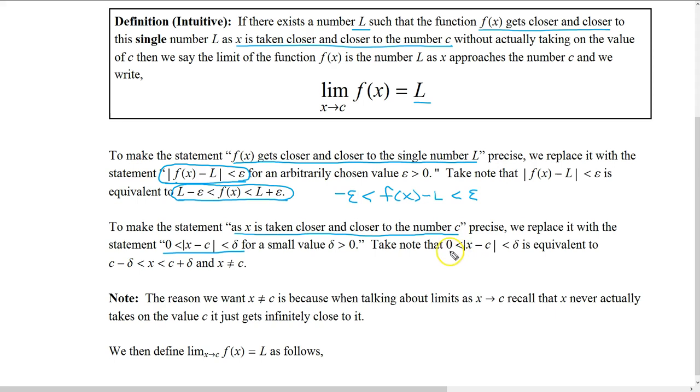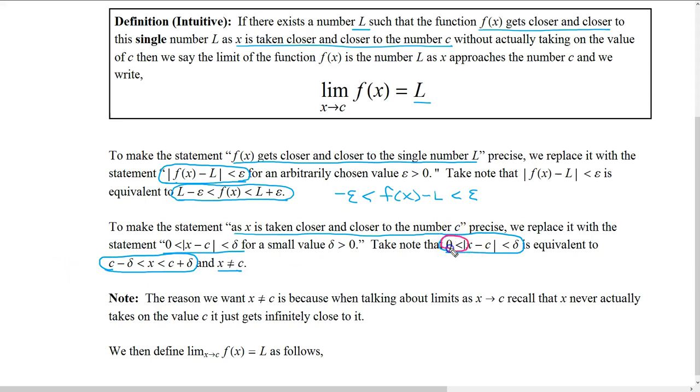Now take note that this statement, that the absolute value of x minus c is less than delta and greater than 0, is equivalent to saying that x is between c minus delta and c plus delta, and that x does not equal c.